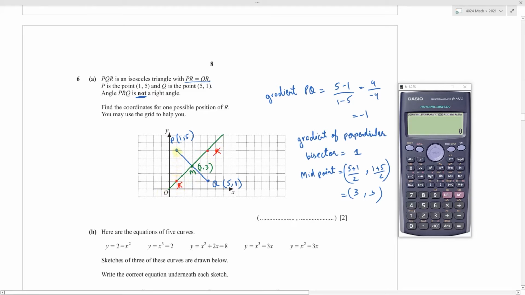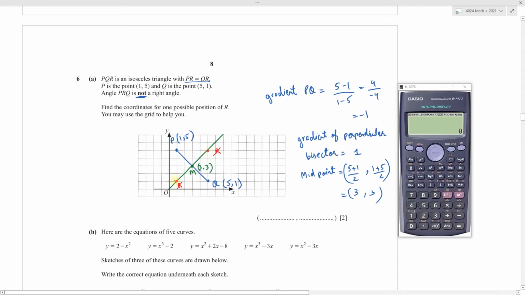This is also creating a 90-degree angle. So although my triangle PRQ will be isosceles, because this length will be equal to this length, it will be a right-angled triangle, and we are told that angle PRQ is not a right angle. So this is also not a correct value of R.